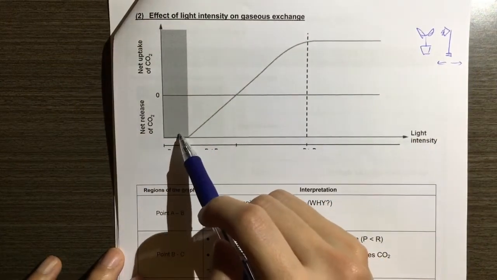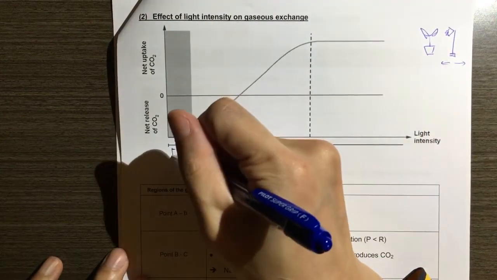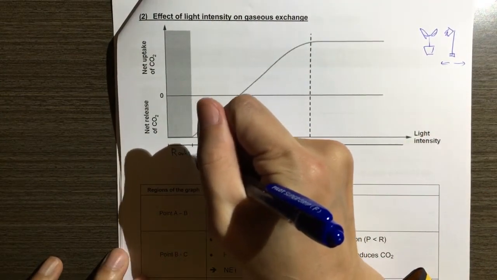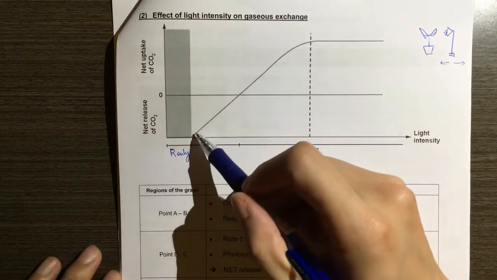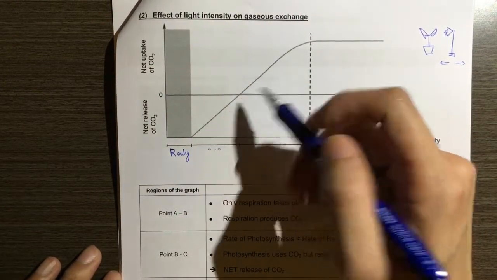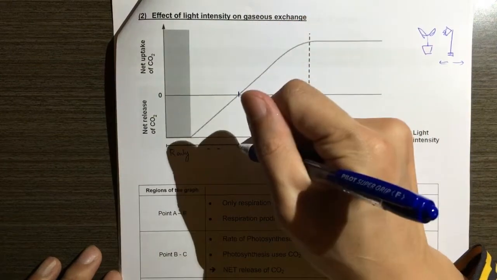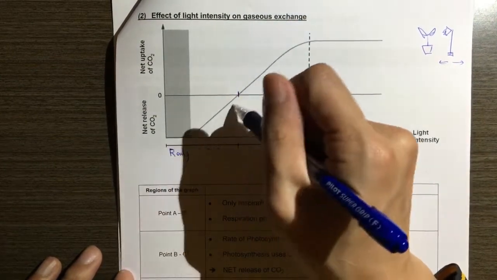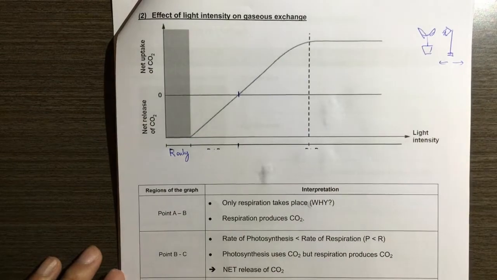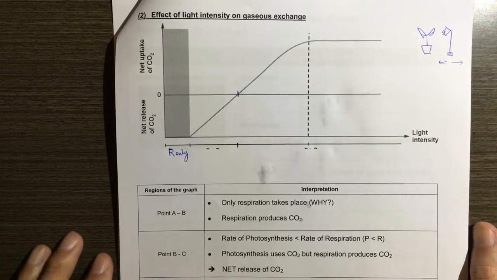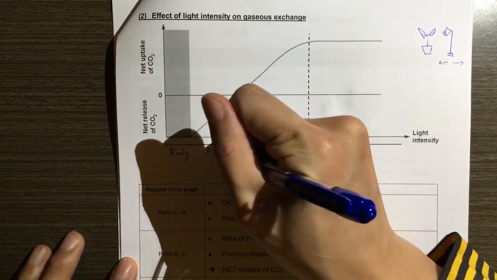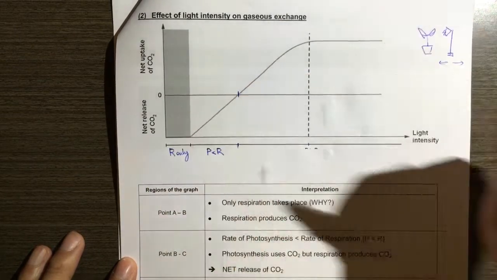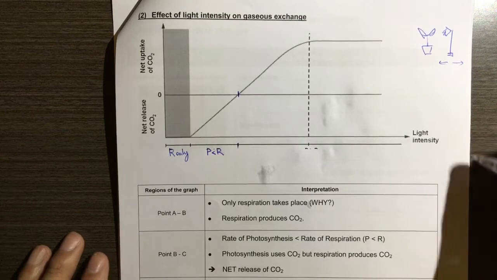So when there's not enough light, the plant doesn't do photosynthesis. The plant only has R, respiration. Do you remember what this part means? This region represents that the light is enough for the plant to have photosynthesis, but the rate of photosynthesis is still too slow compared with respiration.